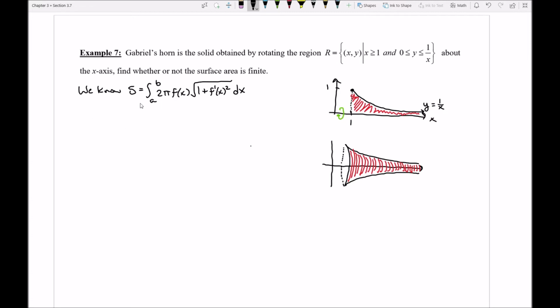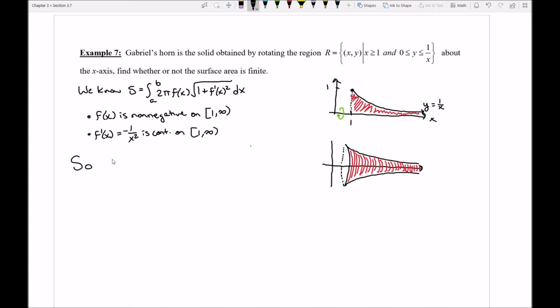Well, here, we're working with an interval from 1 to infinity, but we can still definitely say that f of x is most certainly non-negative on the interval from 1 to infinity, and we can say that f prime of x, which is negative 1 over x squared, is absolutely going to be continuous on 1 to infinity. It would only be discontinuous at 0, which isn't a part of our interval.